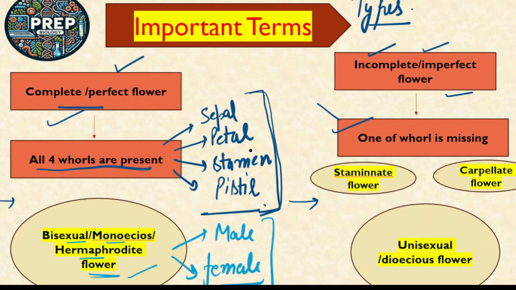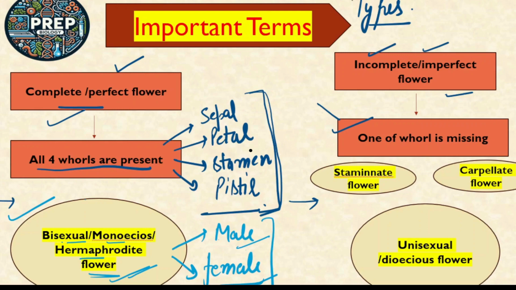That is the complete flower. When both male and female reproductive parts are present in the flower, that condition is called bisexual or monoecious or hermaphrodite.